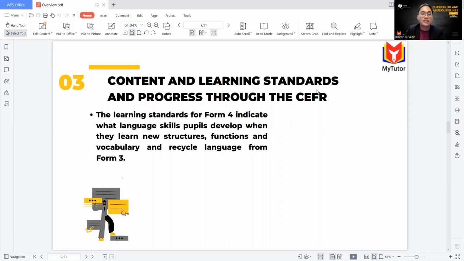So by the end of Form 4, pupils should reach B1 mid-level of the Common European Framework of Reference CEFR in the content and learning standards for Form 4 for listening, speaking, reading, and writing. So the content and learning standards for Form 4 are listed in full in the curriculum framework documentation.